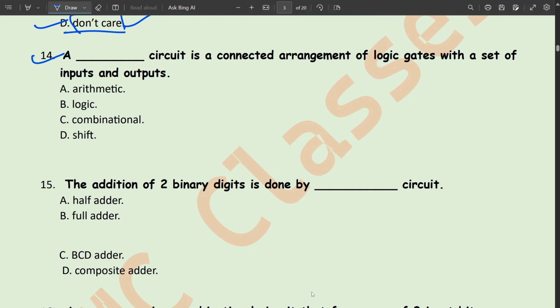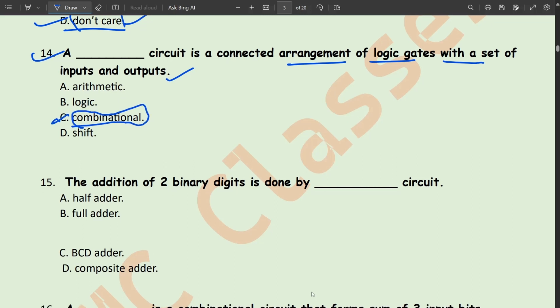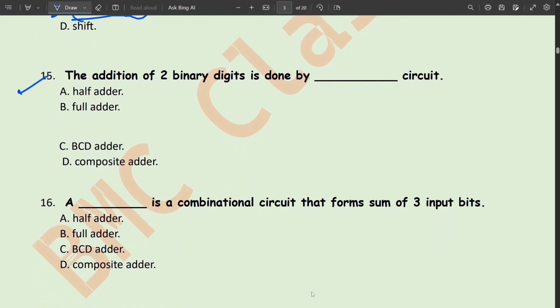Next, a circuit is a connected arrangement of logic gates with a set of inputs and outputs. The answer will be combinational. Option C is correct. Next, the addition of two binary digits is done by which?